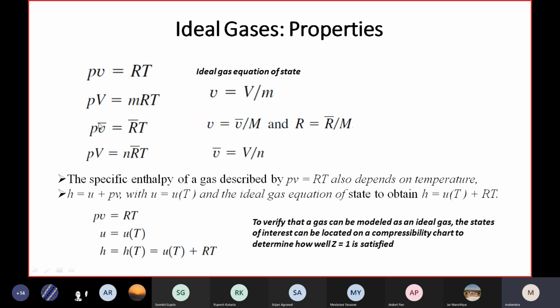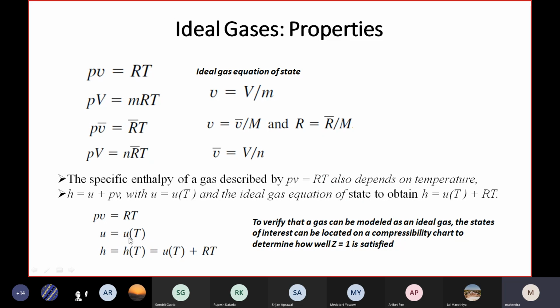See, Pv equal to PV bar equal to R bar T. We are considering both are equal, so the Z factor also came from this only. Z equal to P v bar by R bar T, which is equal to 1. That is the reason we are considering it as ideal gas behavior. And then these all you know.